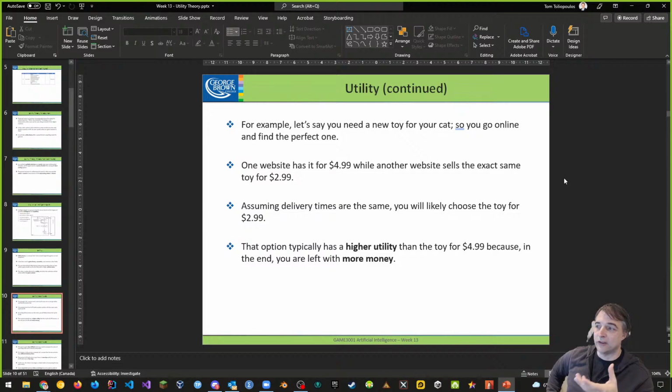Assuming the delivery times are the same and all things being equal, you're probably going to choose the toy for $2.99 because it's less expensive. That option typically has a higher utility than the toy for $4.99 because in the end you are left with more money. More money means a higher utility for you, higher happiness. More money means you can do more things with your money, right?